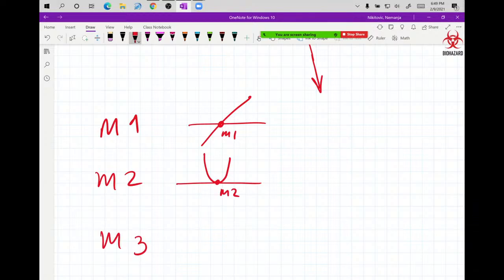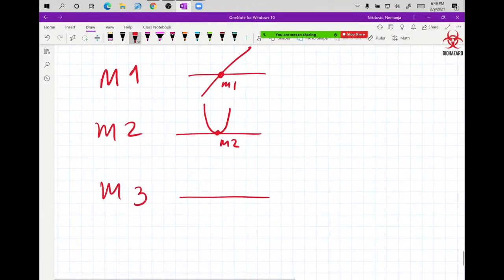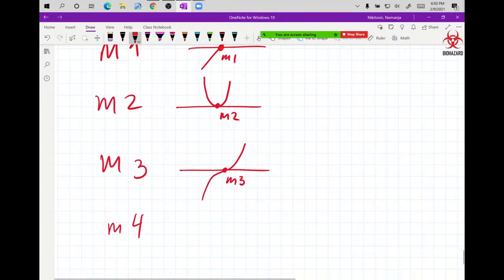M3 is a through, but it's going to go through as a cubic. It's going to go through as a cubic like this. So that's your M3. And from there, you're going to say, oh, M4. Well, M4 is also going to be a bounce, but it's going to hang around longer, right?